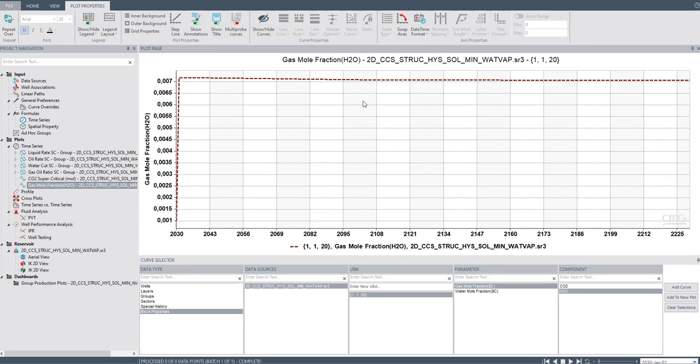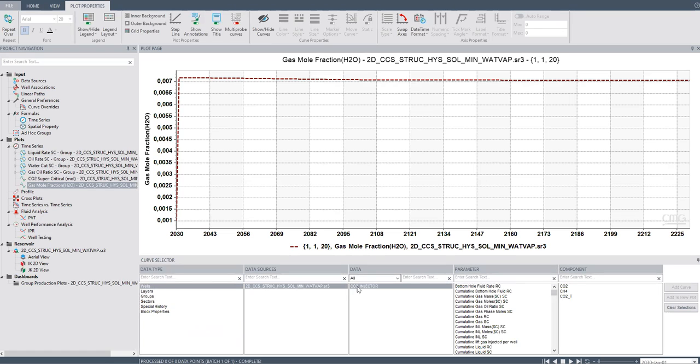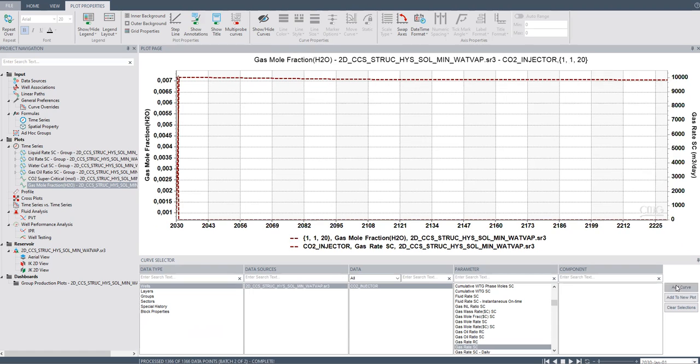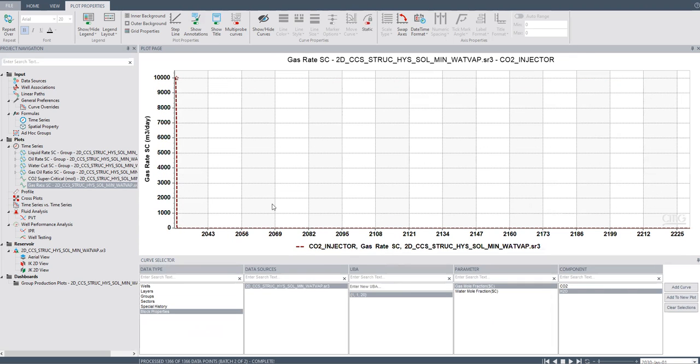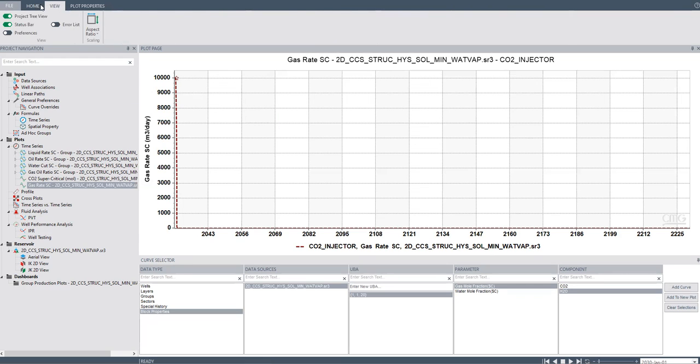Okay, so you can see here. It would be great if you could see the injectivity directly, but I don't think so. Let's plot the gas rate first. It's very short-lived actually, because we only inject for 1 year.